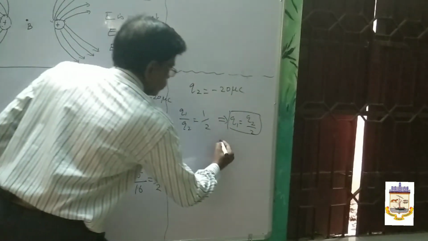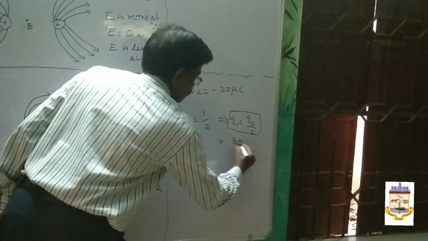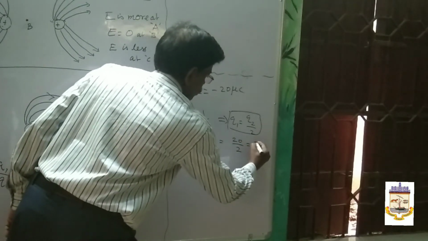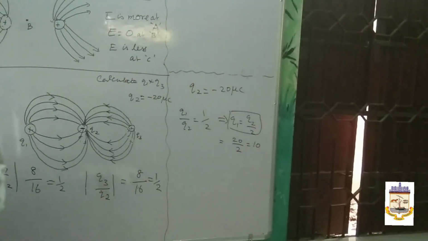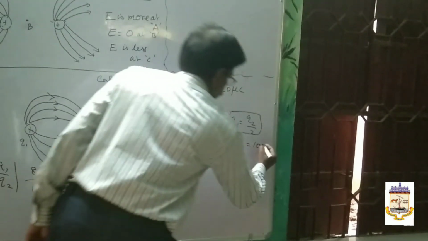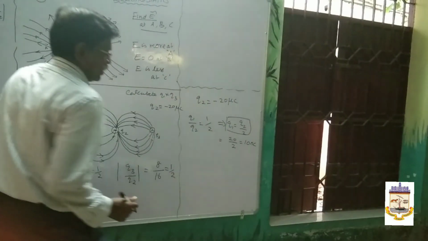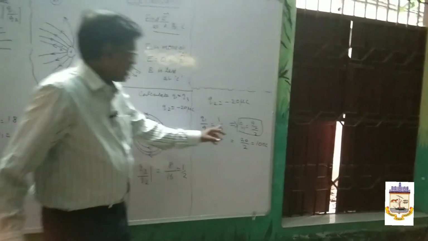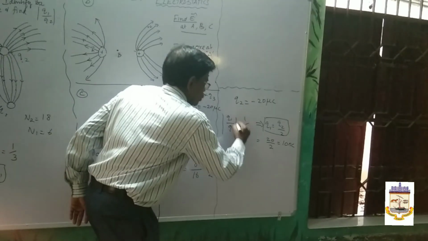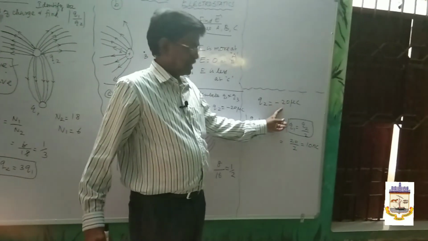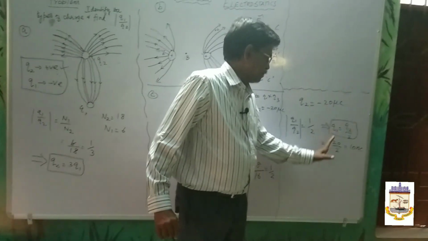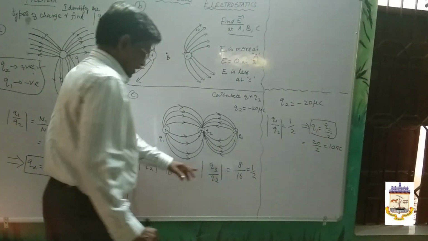What is Q2? 20 by 2, that is equal to 10. Okay, 10 microcoulomb. Why have I not taken minus? Because it is nothing but the magnitude. So omit the sign. You take only the number, 20 by 2, 10. Then you take this.